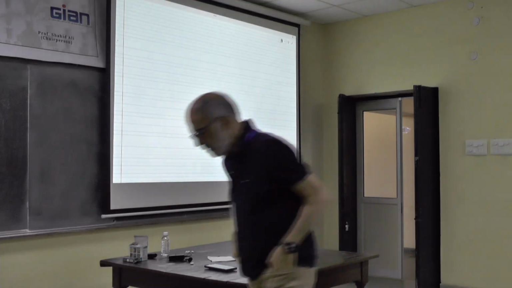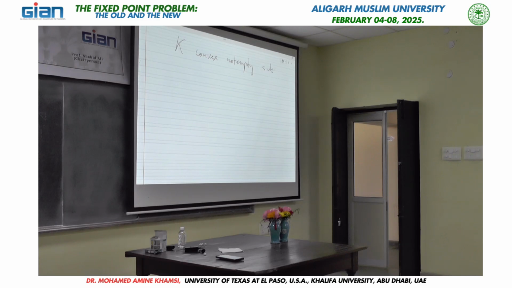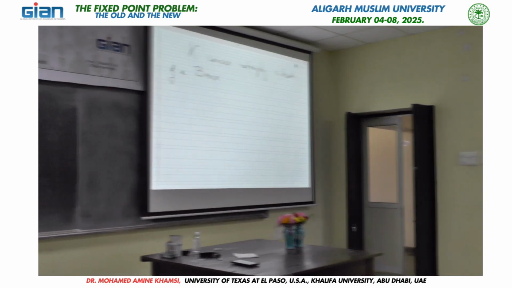So what do we have? Okay, let's stay in the 1965 mind. So we have K, which is a convex, non-empty subset of a Banach space.